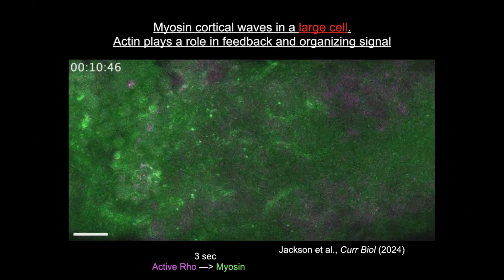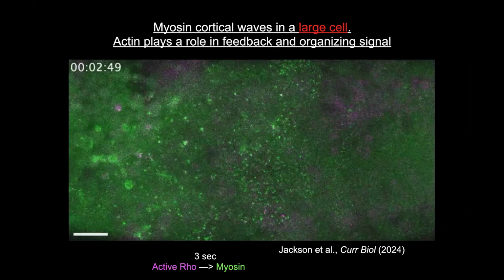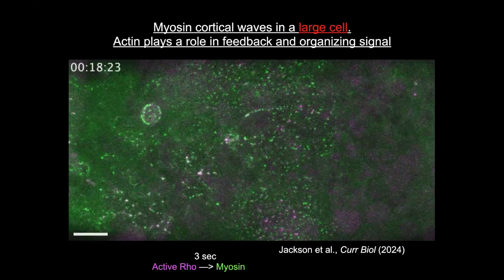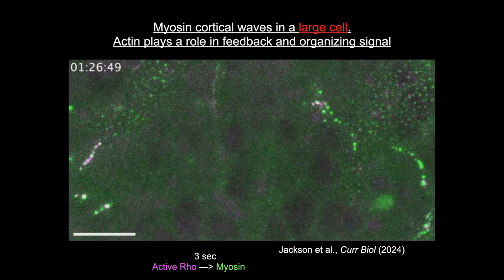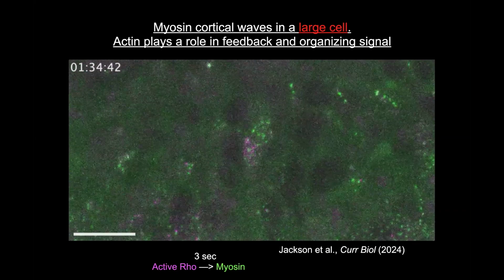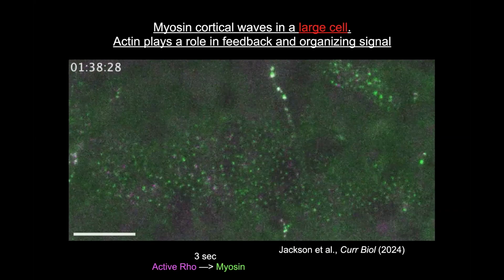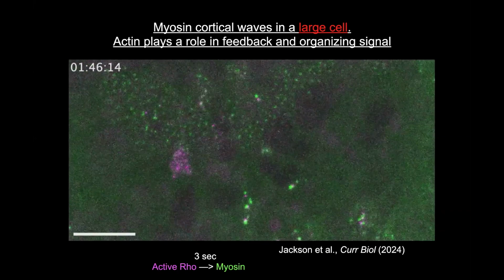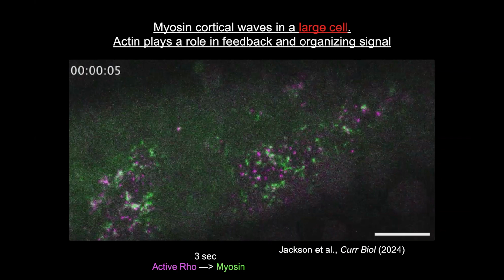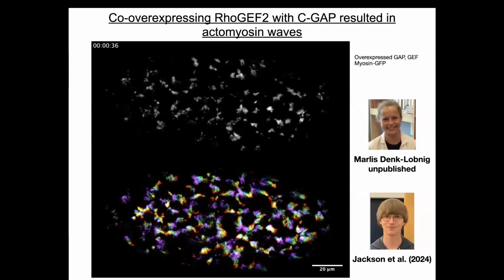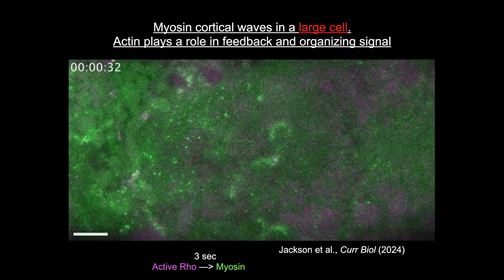But what I want to show you is that he'd image an embryo, see these waves, then take the embryo and inject it with latrunculin to show the effect of the cytoskeleton. This is an embryo that's been injected with latrunculin. And what you see is the waves are still happening. Let me go back. Okay, so initially you get these bands of myosin and RhoA, which you can kind of see there.